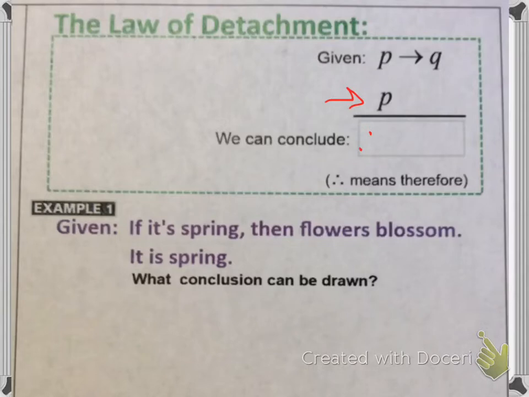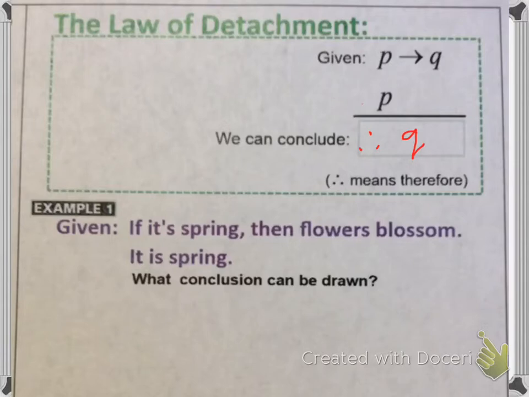These three dots today are the first time we've seen those. They mean therefore. So if we have P, we can therefore conclude that we have Q. So that's the law of detachment, and the way that it looks in symbol form is just like that.